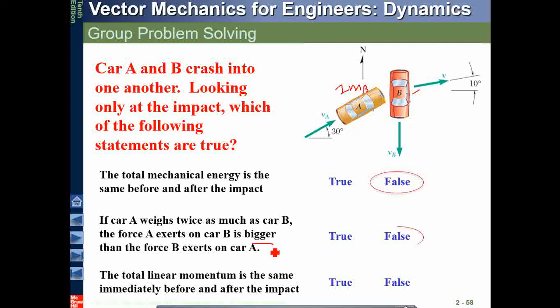So I think it will be false. The next one: the total linear momentum is the same immediately before and after the impact. Yes, because mv1 and mv2 together, the overall momentum will be the same.